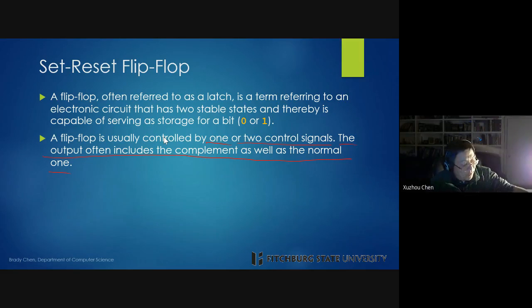Okay, so the next thing I want to talk about is a special electronic circuit. The electronic circuit is called a set reset flip-flop. We can define various different logic circuits to perform different functionality. For most digital computer systems, all the components are built upon electronic circuits.